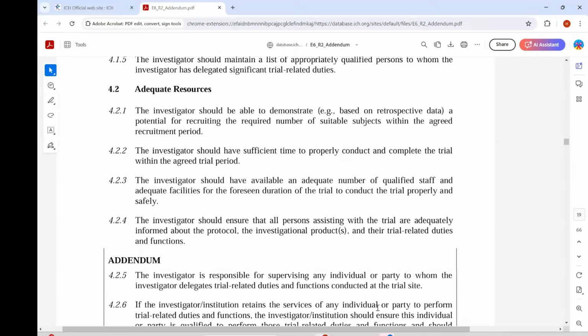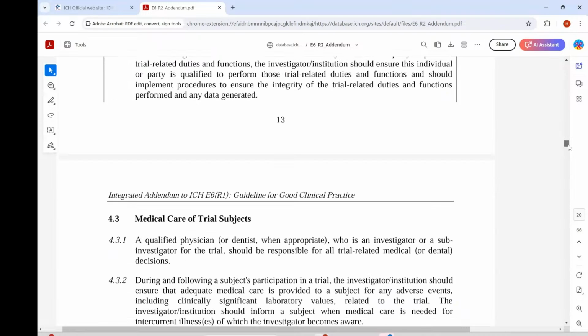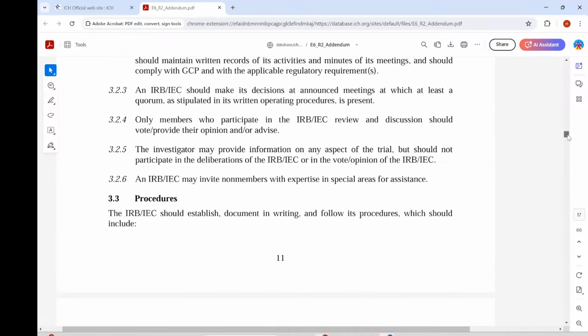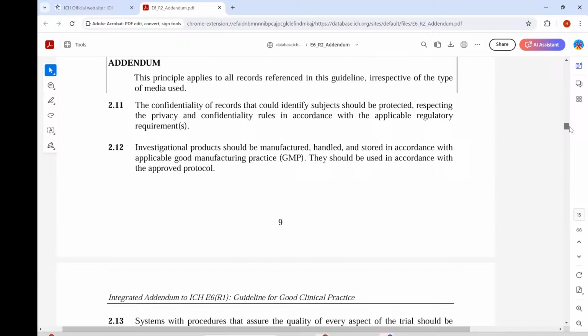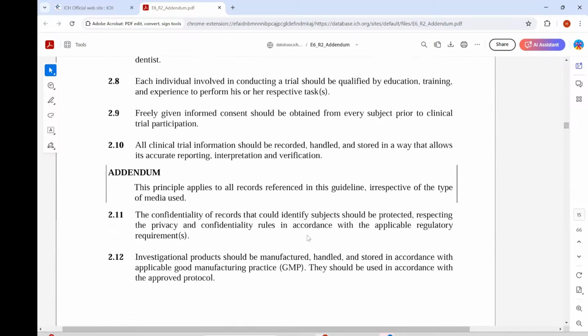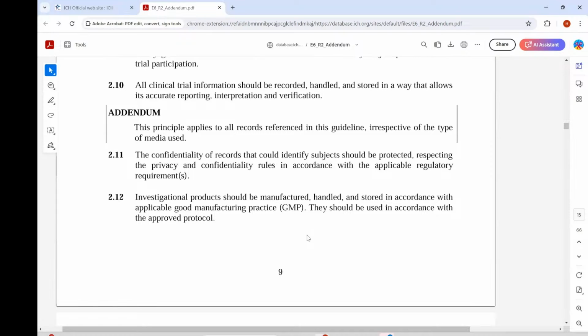These have been added into R2. So in this R2 document, whatever data you find with margin lines like this says that it has been added into revision 2. So there were 3 principles added into revision 2. We had only 10 principles in R1, but we have 10 plus 3 principles in R2.